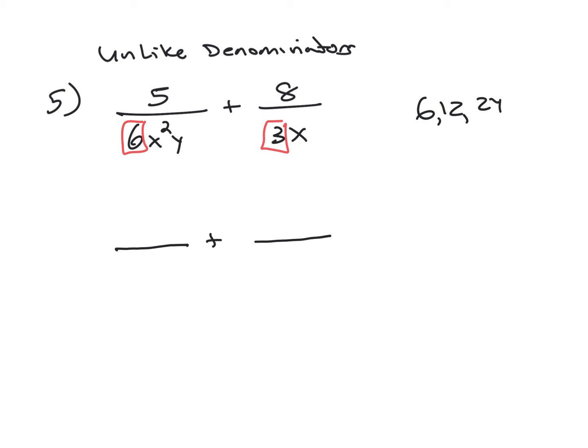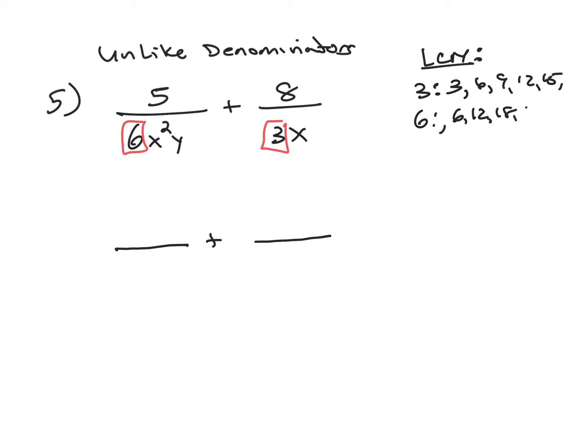There's lots of numbers where both of them go into. That is called the lowest common multiple, right? The lowest common multiple. So basically what we're doing is we're doing multiples of 3, which are counting by threes: 3, 6, 9, 12, 15, etc. And then we're looking at the multiples of 6, which would be counting by 6: 6, 12, 18, 24, etc.